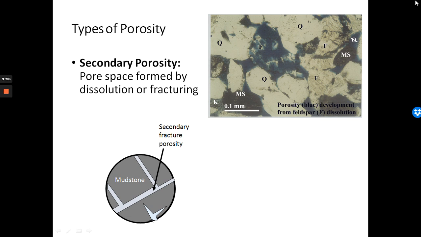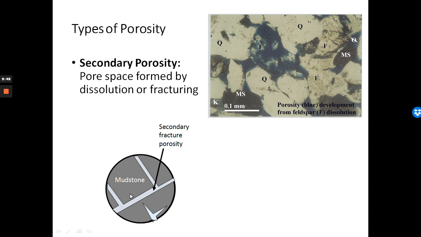So because of the dissolution of feldspar, you get new porosity here. So this new porosity inside the grain is secondary porosity because of dissolution. So you have primary porosity, interparticle or intergranular, right? And then you also have secondary porosity due to dissolution.